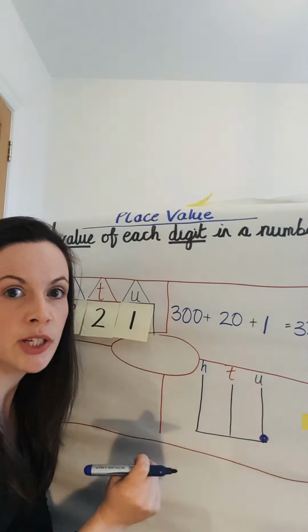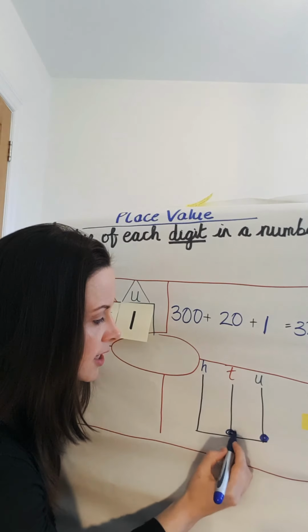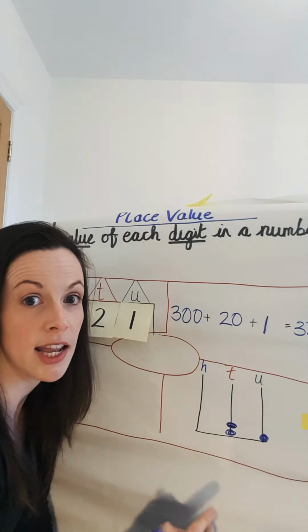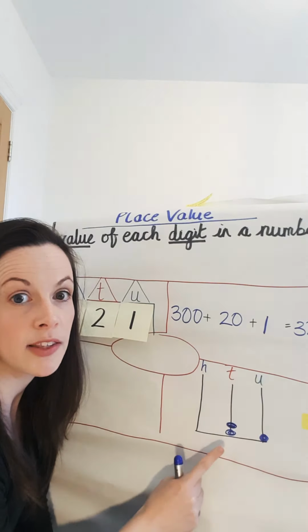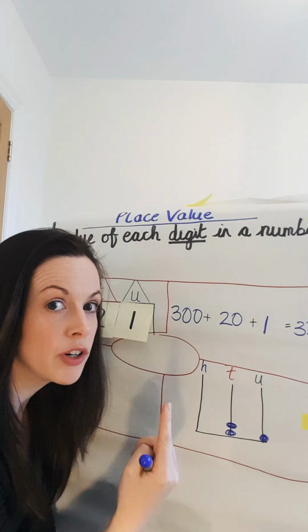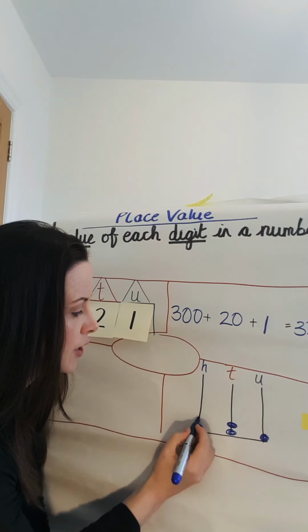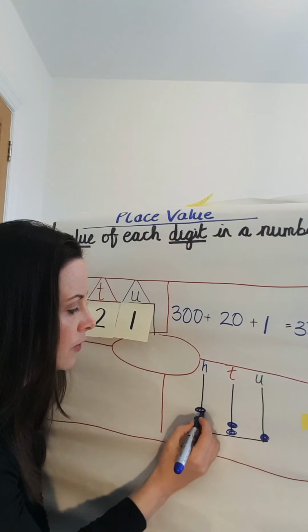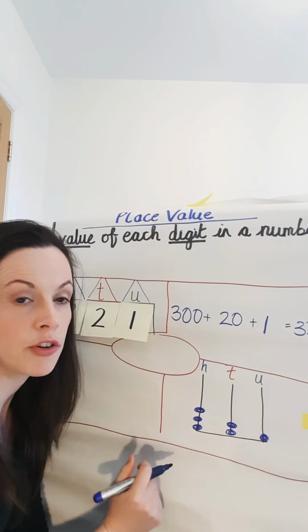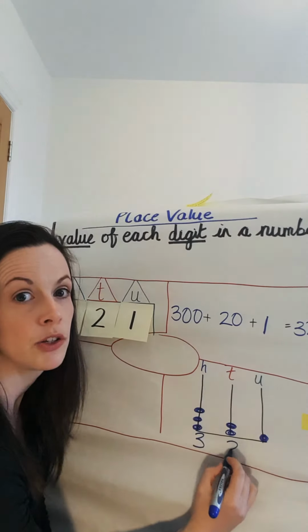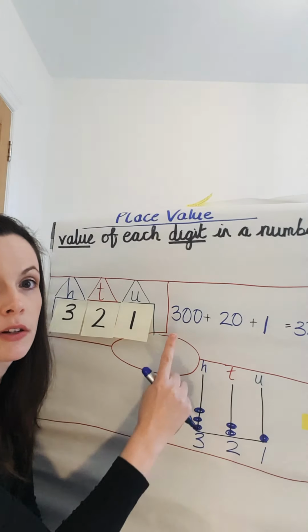We have 2 tens, so we have 2 beads in the tens. Each one is a 10, so that's 10, 20. And when we're talking about hundreds, each bead in the hundreds is 100. So this number has 300, so that's 3 beads. 1, 2, 3. 100, 200, 300. 3 hundreds, 2 tens, 1 unit.